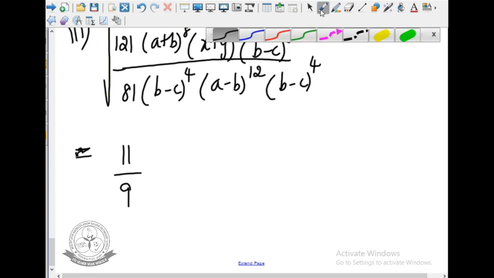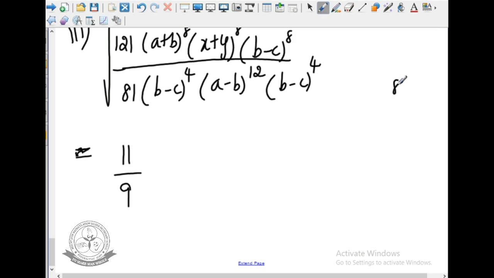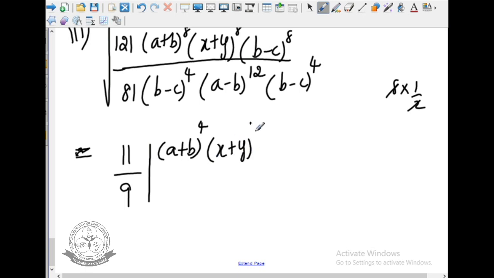That means if you are having a power, what we can do is multiply by 1 by 2, take it as half of the degree. So here we should write it in modulus. So (a plus b) whole power 8 means that is 4. Then (x plus y) whole power 8 means (x plus y) whole power 4.